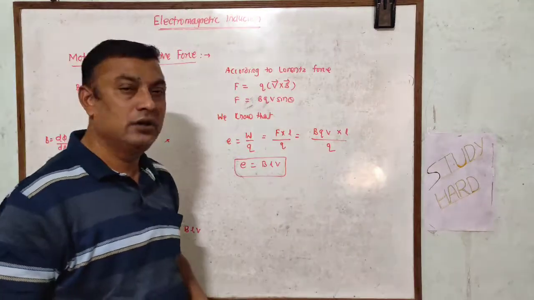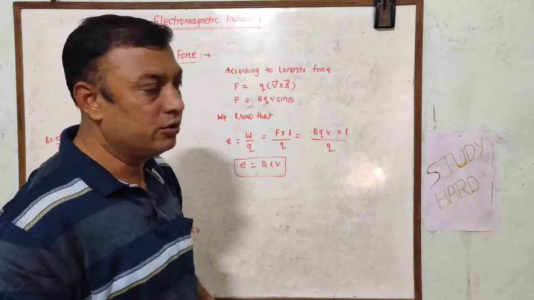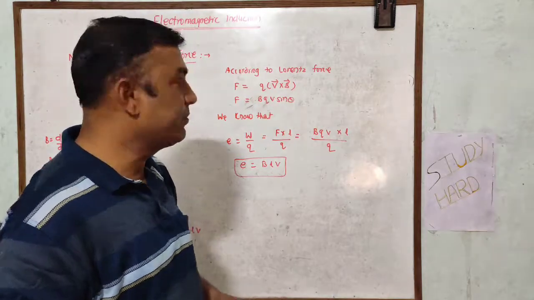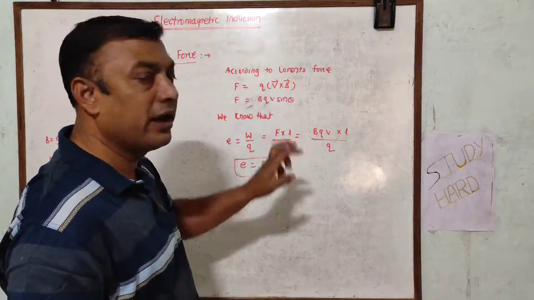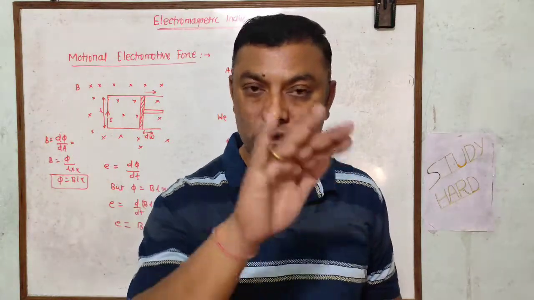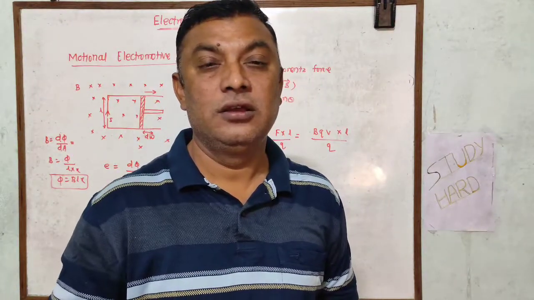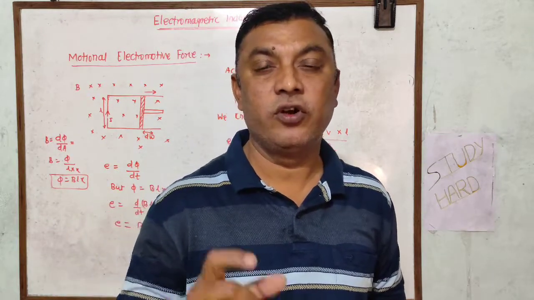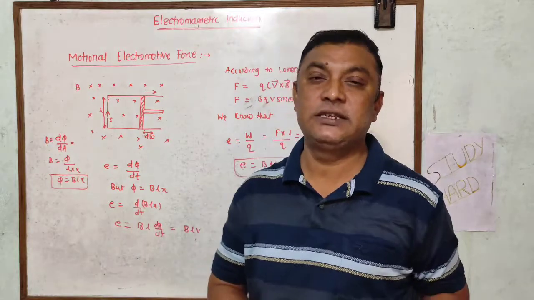According to the Lorentz force, F is equal to the cross product of the velocity and the magnetic field. Whenever a charge moves through the coil inside the magnetic field with velocity v, there is a cross product of the velocity and magnetic field.